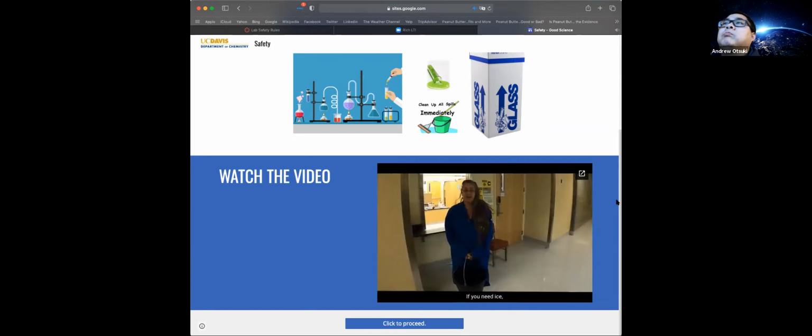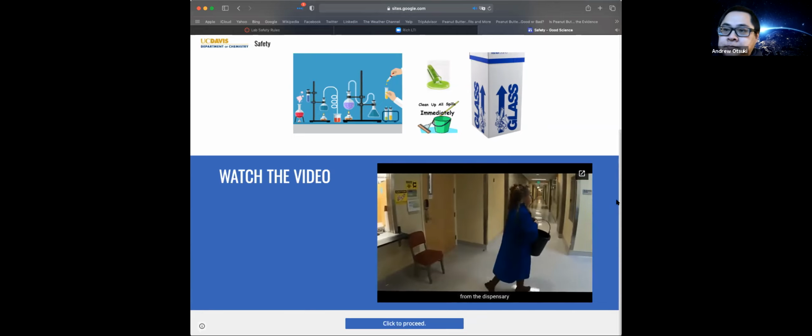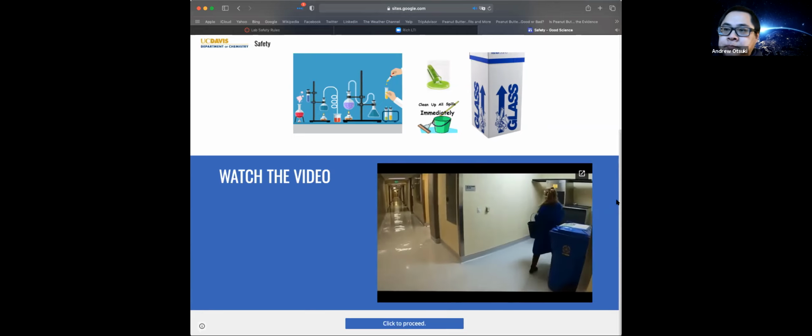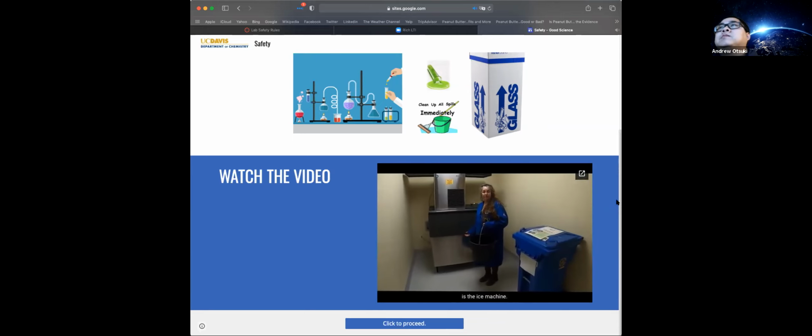If you need ice, you will get it for your whole class. There's a large black bucket under the sink in your classroom, and across from the dispensary is the ice machine.